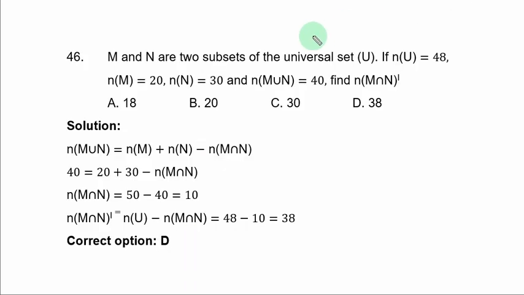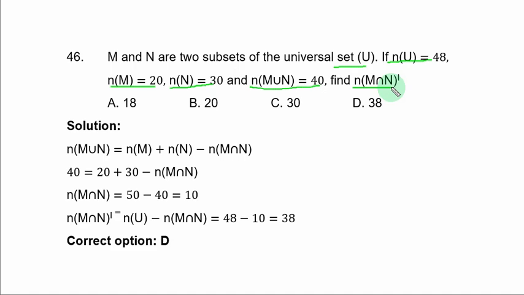Question 46. M and N are two subsets of the universal set. If the number of elements in the universal set is 48, the number of elements in subset M is 20, that of N is 30, and the union is 40, find the intersection prime.